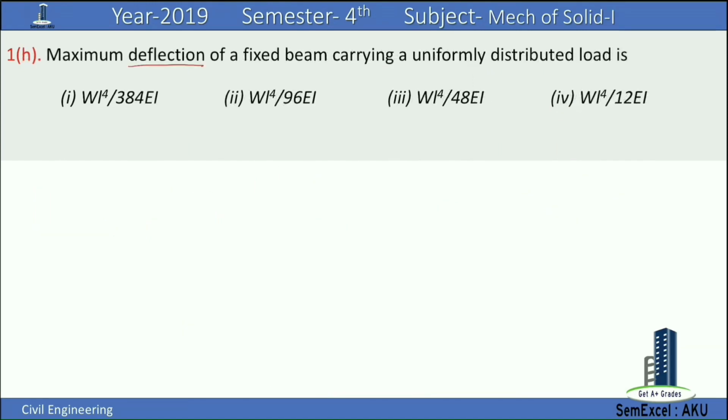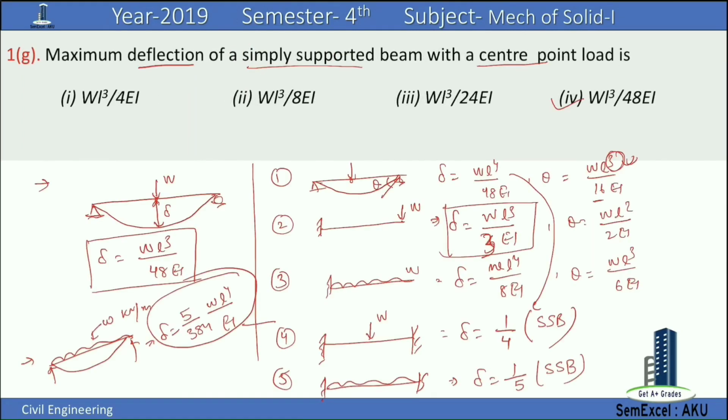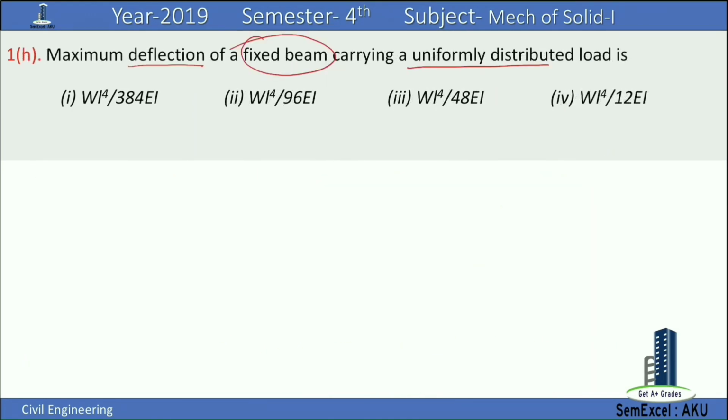Maximum deflection of a fixed beam carrying a UDL load. Again, we have discussed in the last slide that this is this case, right? So this is the given fixed beam. We have a UDL all over, and the maximum deflection is being asked.